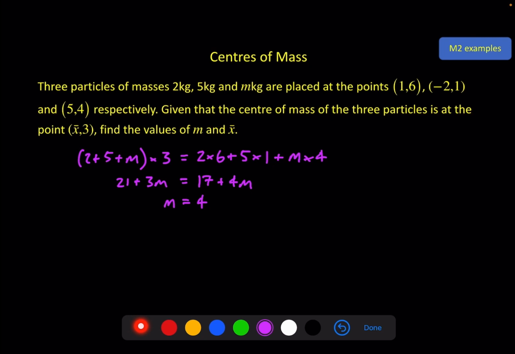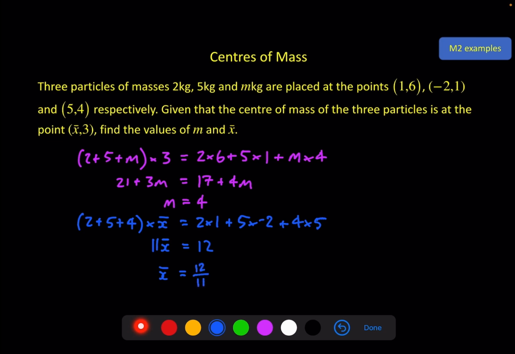Now we can use that in our x bar equation and do pretty much the same thing, but now we've got m is 4 here, and x bar is the thing we want here. Using all of the x coordinates this time, 11 x bar is equal to 12, so the x coordinate of the centre of mass is 12 over 11.